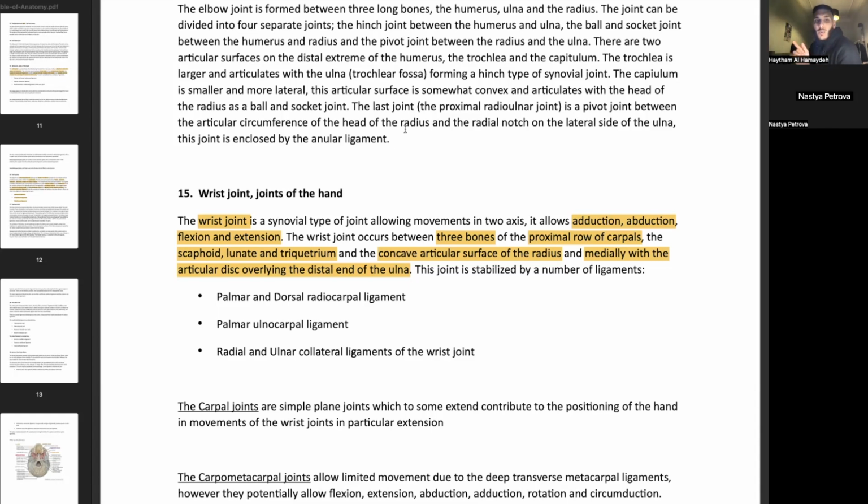Palmar side, we have the palmar radiocarpal ligament. And on the ulnar side, you have the palmar ulnocarpal ligament. That's it. You don't have a dorsal ulnocarpal ligament.